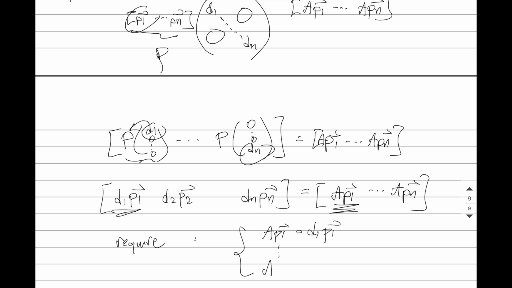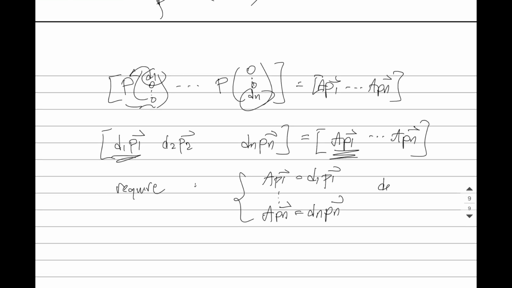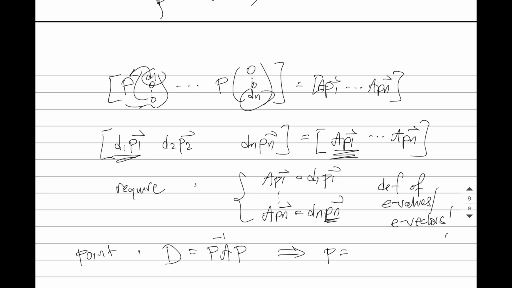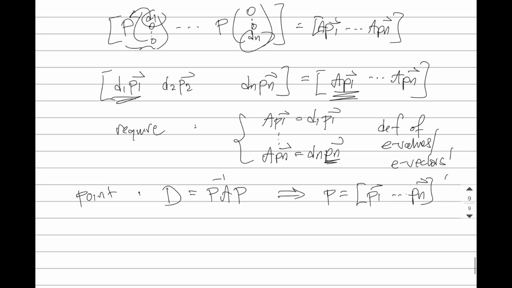And if we continue this down the line, what we get is the following. This is just the definition of eigenvalues and eigenvectors. Remember that if you have a matrix P and you want it to be invertible, it can't have any 0 rows or 0 columns. So all of those vectors are non-zero. And so the point is this. If your matrix A is similar to a diagonal matrix, P has to have eigenvectors of your matrix. These all have to be eigenvectors, and this diagonal has to be the corresponding eigenvalues.